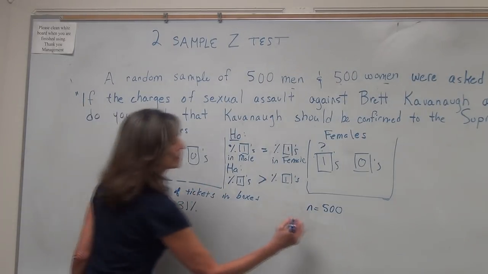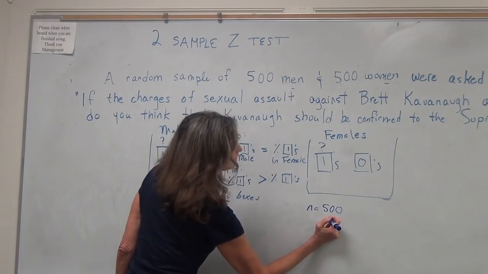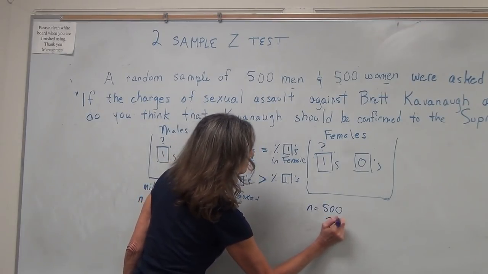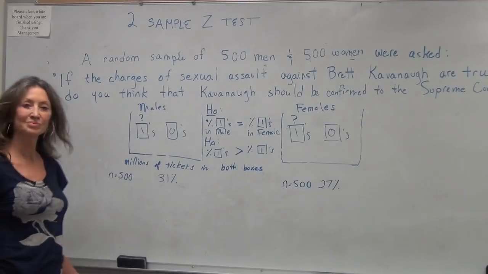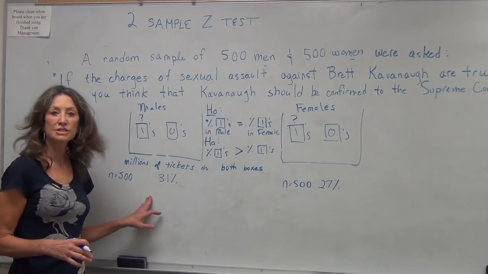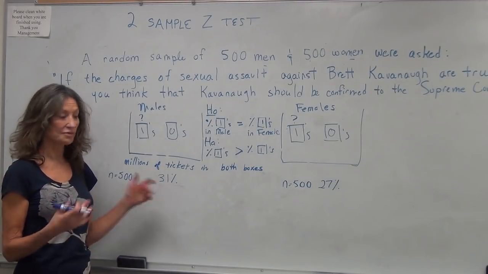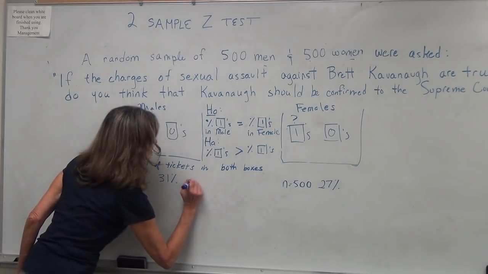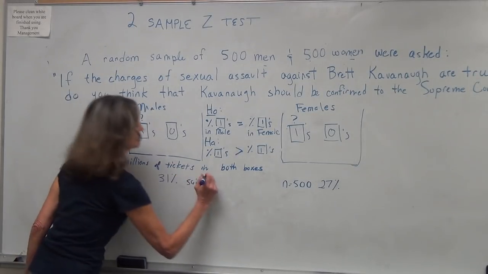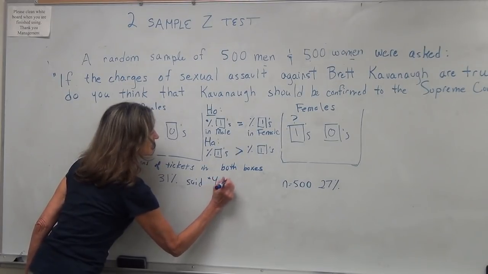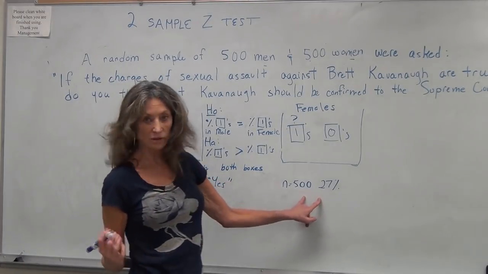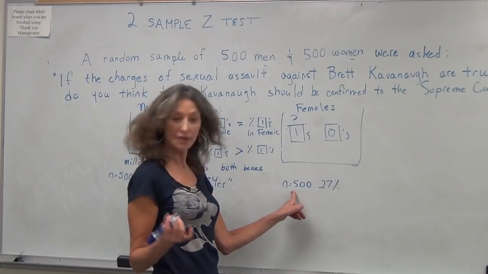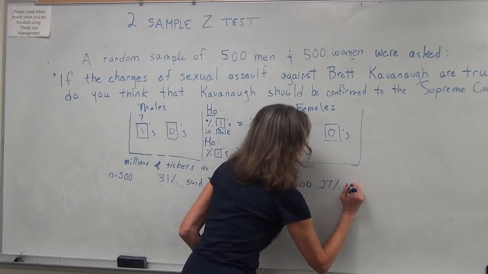Versus how many of the females? With the females, it was only 27%. So 31% of the 500 men said yes, and only 27% of the 500 women said yes.